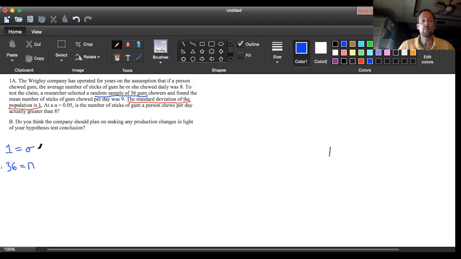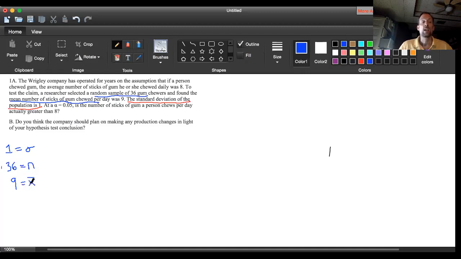And other information I know from the question, in the context of that 36, the mean number of sticks chewed per gum was 9. Because that mean number of sticks of 9 is connected to my sample, I know that my 9 is going to be equal to my x bar, the sample average.